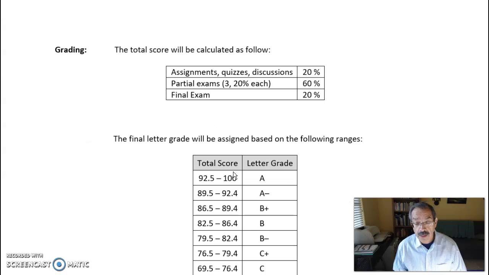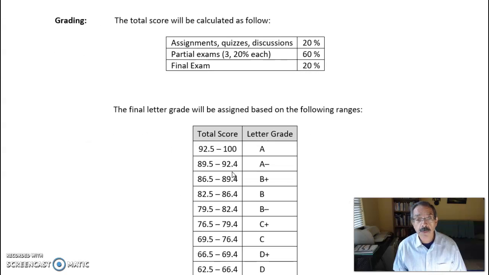At the end of the semester, I will compile the overall grade. The assignments, quizzes, and discussions will be worth 20% of the grade, and each exam will be worth 20%, even the final exam. The final exam will not be comprehensive. It will only include the chapters that are assigned for the final exam.